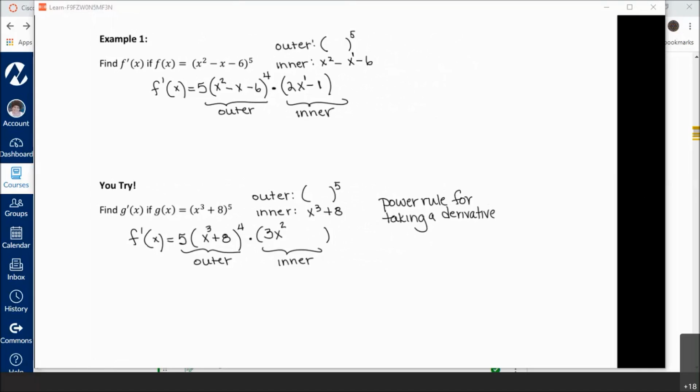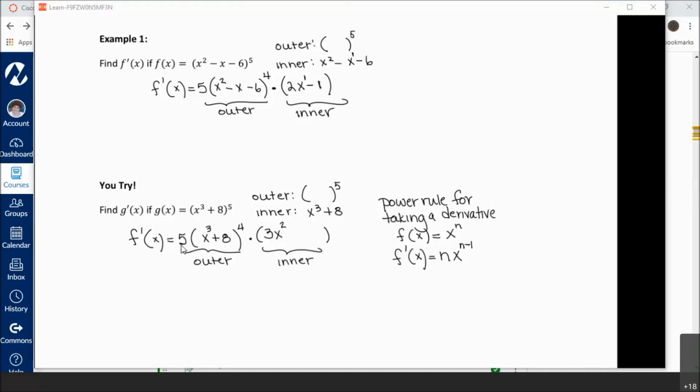Here's the way the rule works. Say your function is this. It's some number raised to a power. The power rule says to take the derivative of that, you bring down the exponent in front, and then you subtract 1 from the exponent. That is literally what the rule says to do. So wherever I see a power and I'm trying to differentiate, I'm doing that.